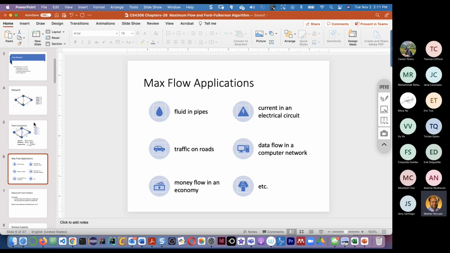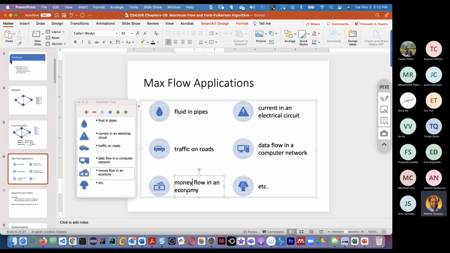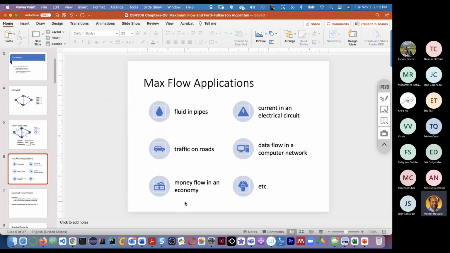For instance, how fluid like petroleum or gasoline passes through pipelines, the current electricity flow in electric circuits or electric lines, traffic on roads, and then data flow in computer networks, money flow in the economy, and such kind of applications we are familiar with, right?